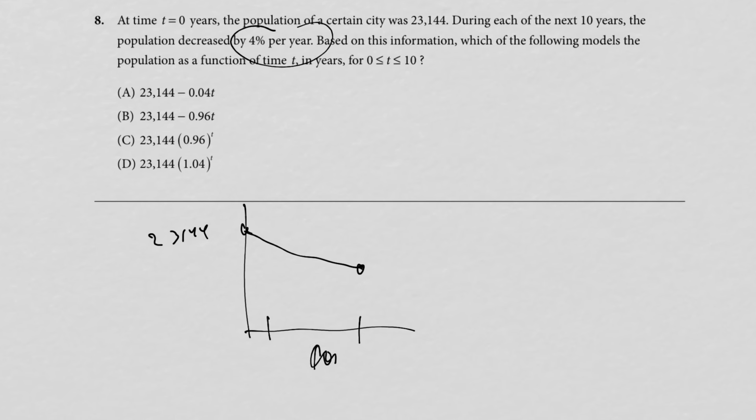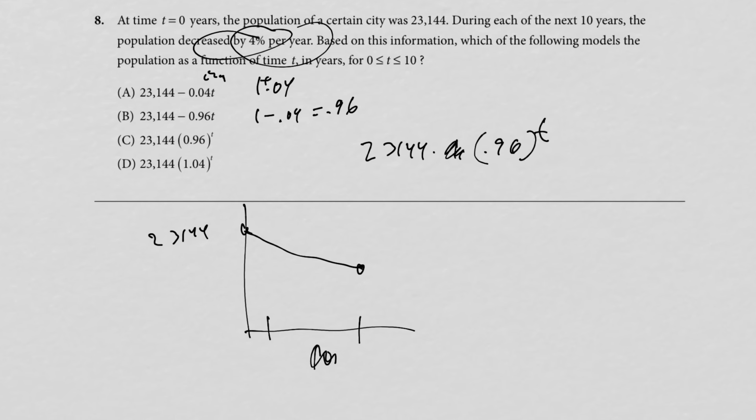So every year it goes down by 4%. So it starts off as this, and then the next year it gets decreased by 4%, which means, see, increasing by 4%, you multiply by 1.04, but decreasing by 4%, you multiply by 1 minus 0.04, which is the same thing as 0.96.